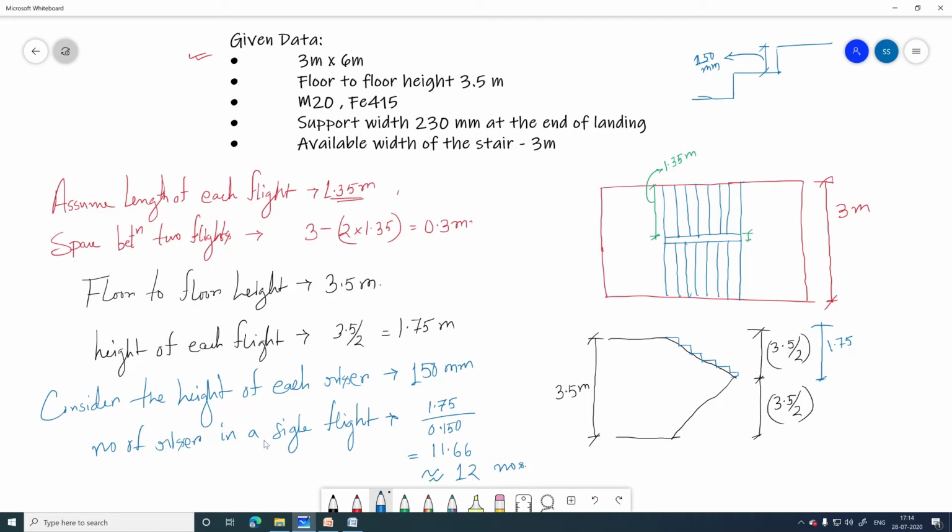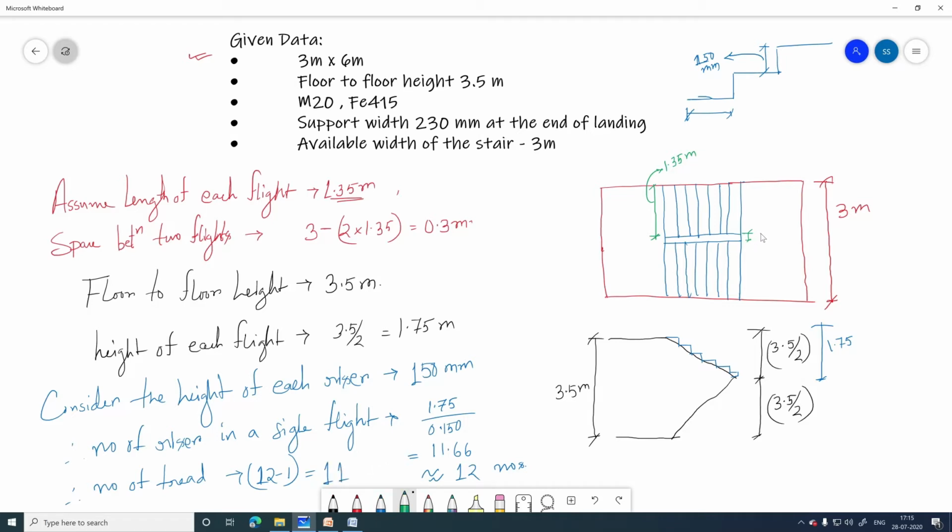Okay. So if the number of risers for a single flight is 12 numbers, the number of treads will be, that means this particular portion, this is called the tread, right. So the number of treads will be 12 minus 1, because we already know the number of treads equals the number of risers minus 1, and that is equal to 11.